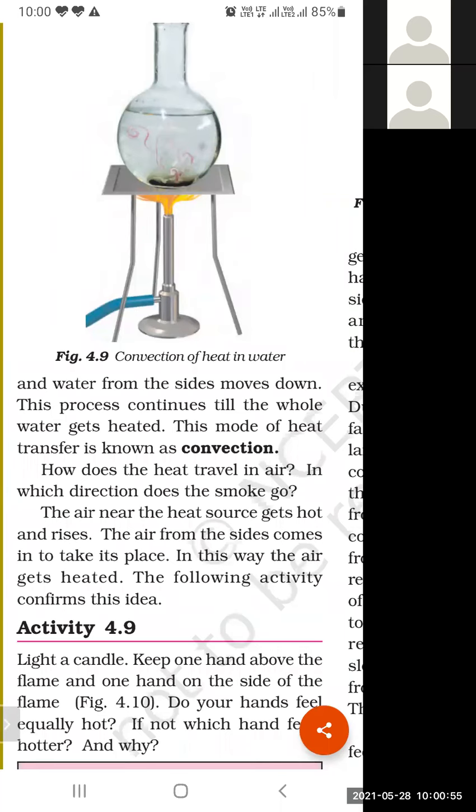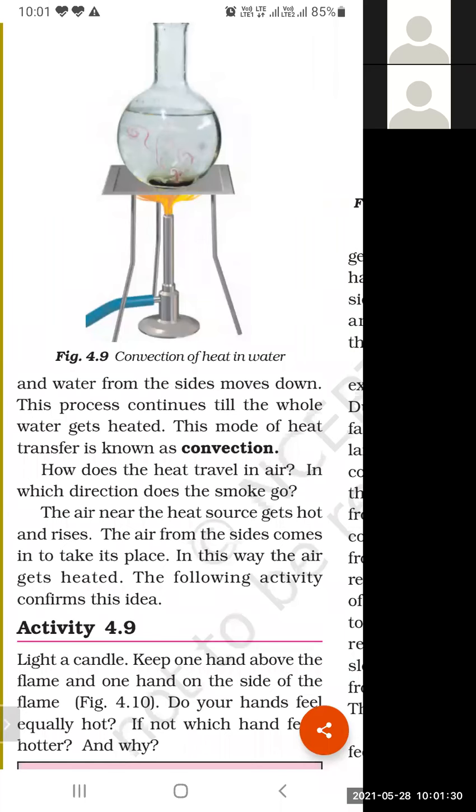This process continues till the whole water becomes hot. This type of heat transfer takes place in liquids and gases, and it is known as convection.